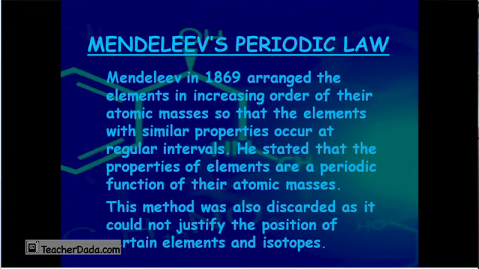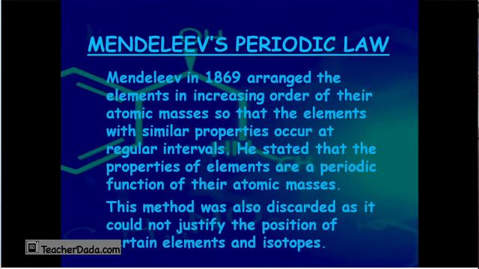Mendeleev arranged the elements in increasing order of their atomic masses, so that the elements with the similar properties occur at regular intervals. He said that the properties of elements are periodic function of their atomic masses.